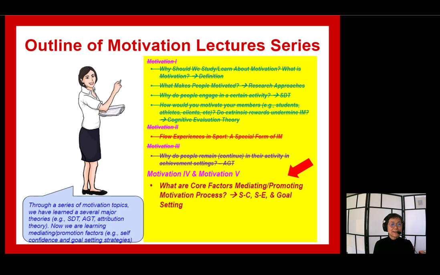So now we are moving down to lecture series 4 and 5, which are the concepts or psychological factors that impact, influence, and affect motivational processes as mediator or promoting factors. So we have a self-confidence topic and the goal setting strategy. We're going to start with self-confidence today.